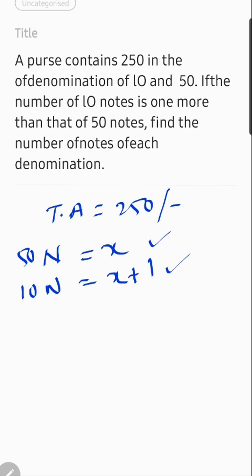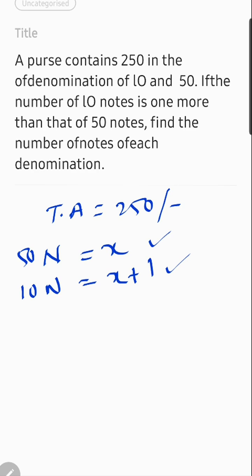Now how to make the equation? For that, there is only one condition, because the total amount is 250 rupees, they said. First we have to find the amount of the 50 rupees notes and the amount of the 10 rupees notes. We know the 50 rupees notes number x. The amount of 50 rupees notes is the number of notes into 50 rupees.